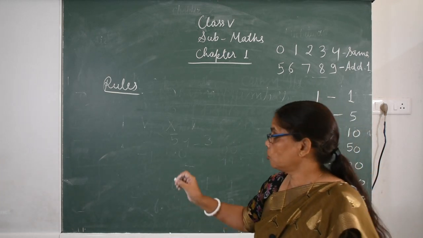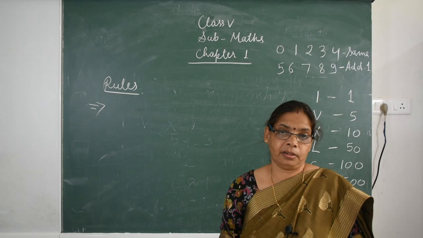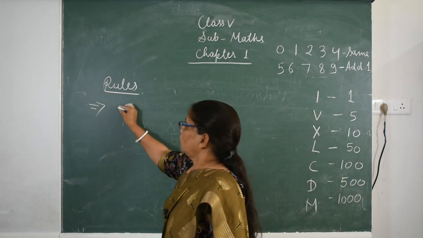So the first rule, the sum rule, is that when any number is repeated, we have to add it.